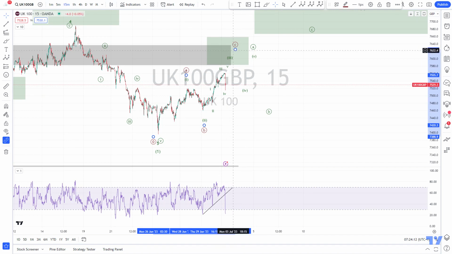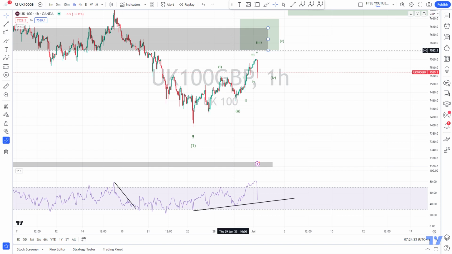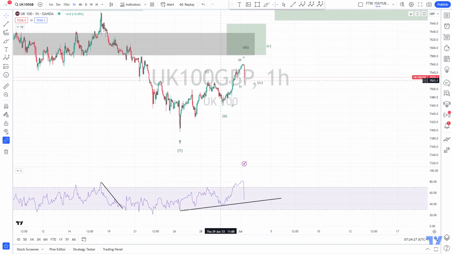On Friday, somebody reacted that it looked not over yet, this move to the upside, and this was a very good point. I think there was no reason to go short in our area because this looked way too strong.